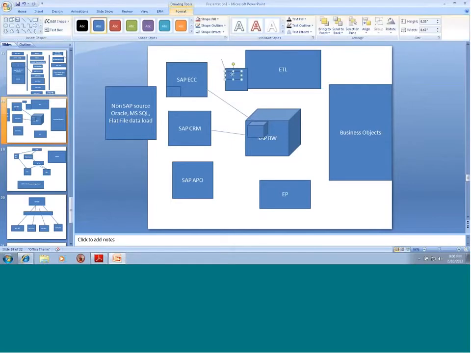I have to look at all these tables, understand what the connecting factors, joining factors are, and come up with a design logic that will extract the data from these two tables and bring it into one cube, into a target structure. So that involves both modeling and the ETL process. The modeling actually tells how these two tables will be combined into one InfoCube in the target system.